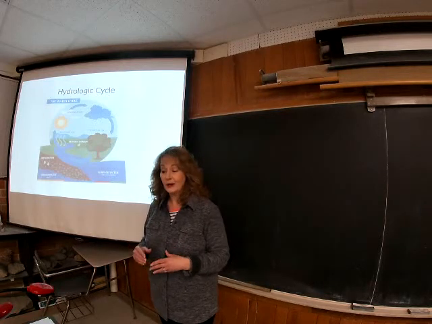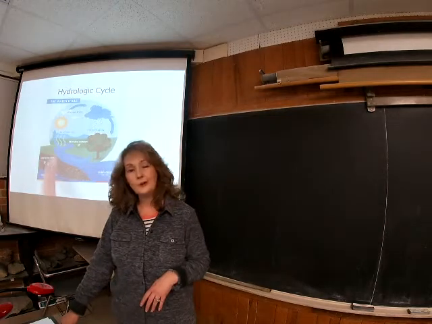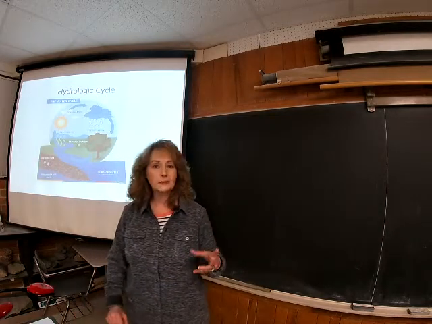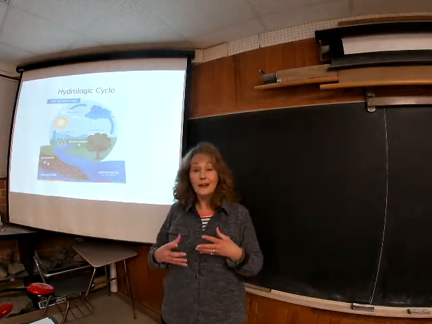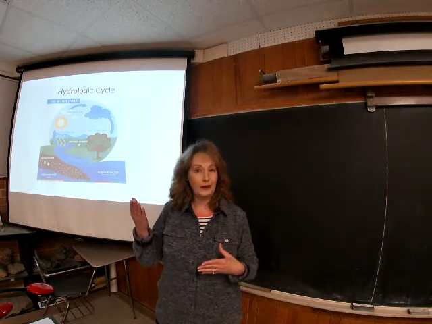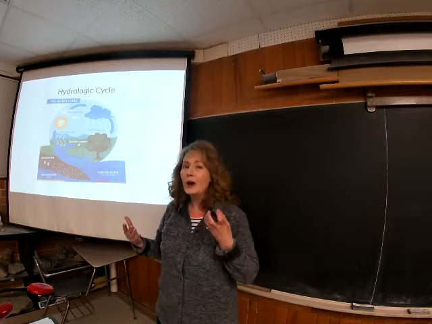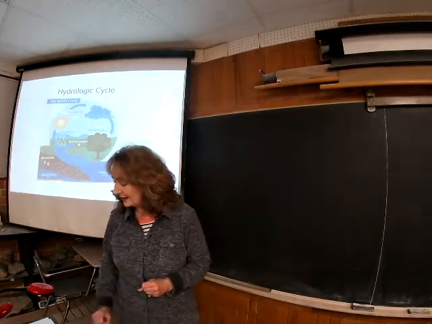We've got the sun driving this. So evaporation from the ocean, and streams and lakes, of course, taking a liquid and going to vapor. That gets water vapor up into the atmosphere.